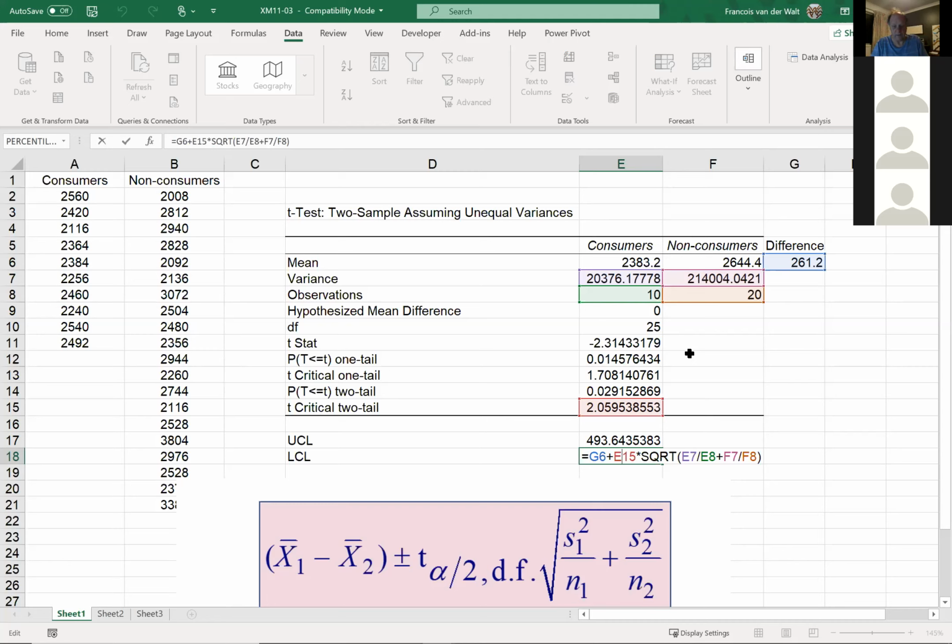The lower confidence limit is the same story, except that I minus it instead of plussing it. So it's between 28.75 and 493.